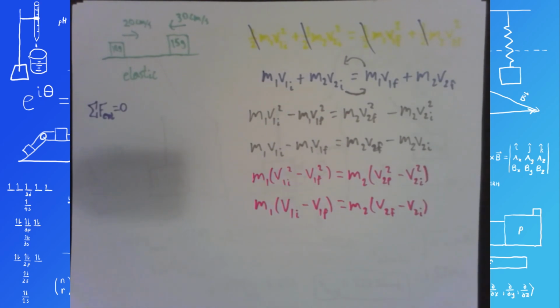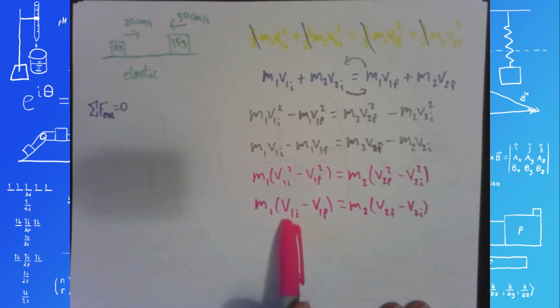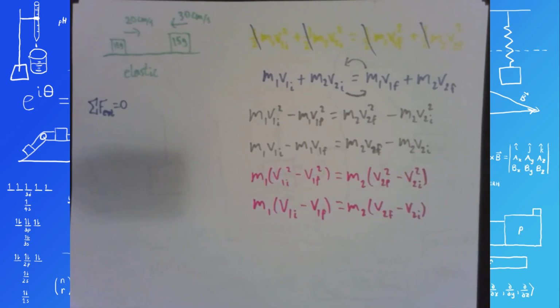The point of doing this was to eliminate the mass. I can now eliminate the mass because even though your algebra class taught you that you can add and subtract equations with each other, you can also divide and multiply equations. I can take this equation divided by this equation and still get a valid equality out of that.